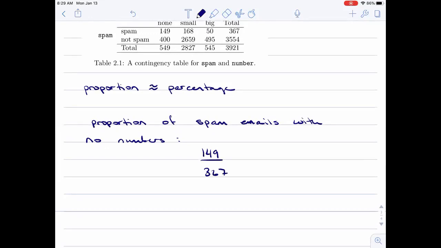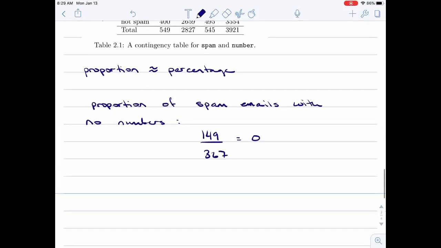And I managed to forget my calculator. I'll just use my math. It's not that important. 149 out of 367 equals about 0.405.